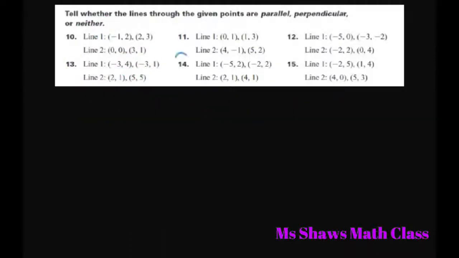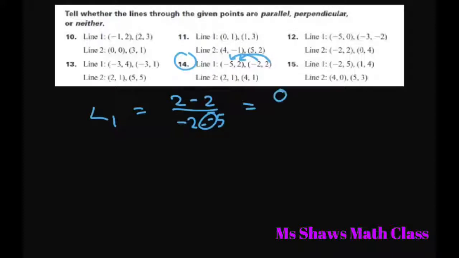14. Line 1 is 2 minus 2, and negative 2 minus a negative 5. So that's a positive. So that's going to be 0 divided by 3, which equals 0.